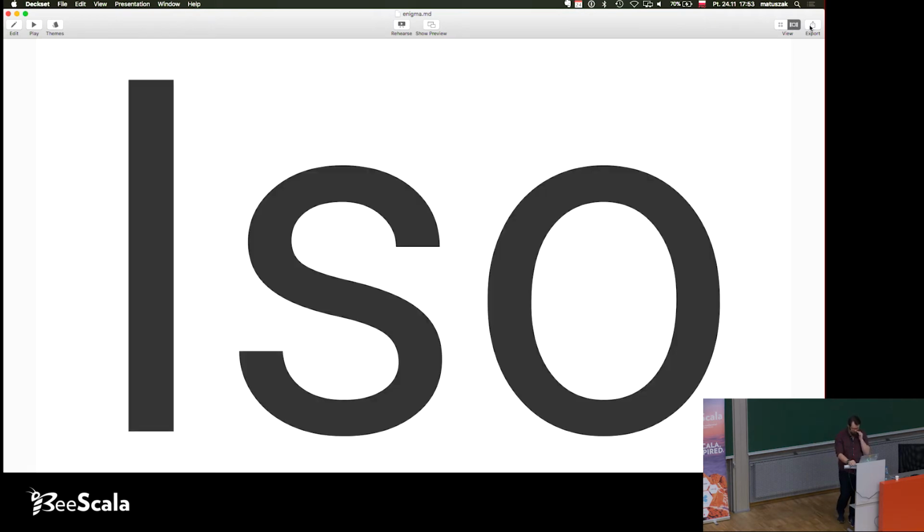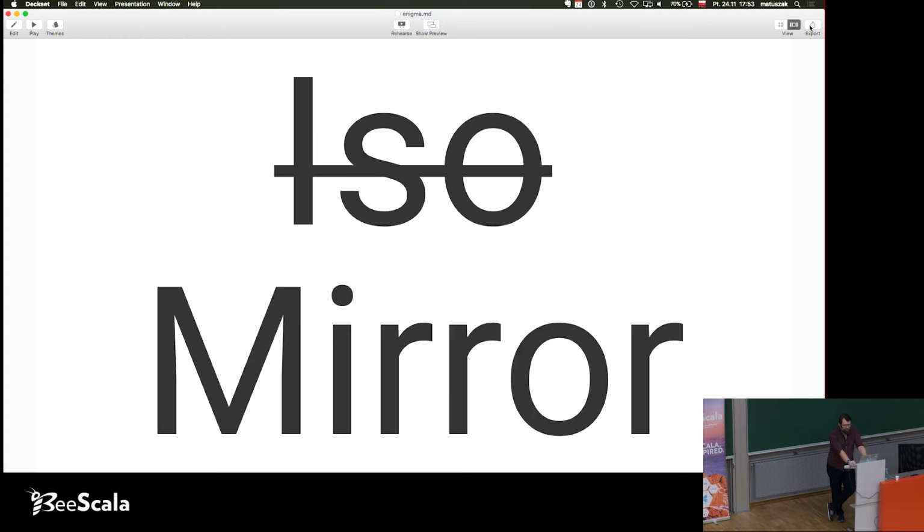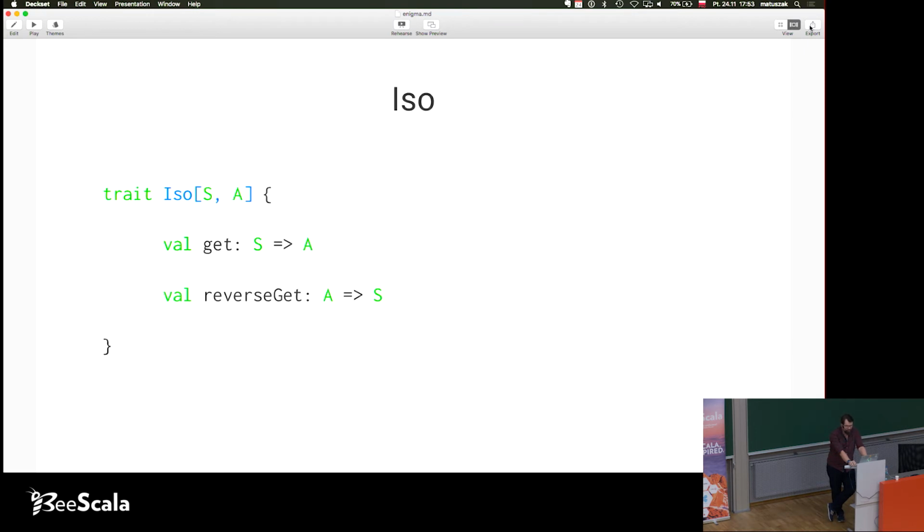So Iso is short for isomorphism, but if you go into lenses, it would be better if it were called mirror, but we will stick with Iso. So an Iso is basically two functions which are combined, not composed, but combined into one object.